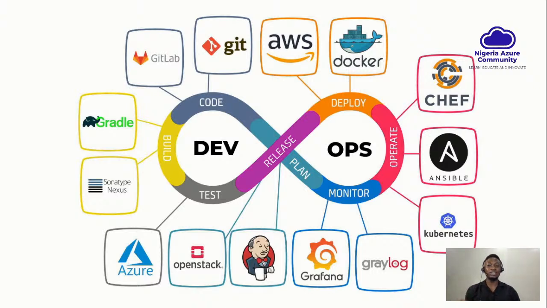We are continuously integrating each of these tools, as you can see on my screen, in real time. We're going to be configuring all of these tools and ensuring that they are all working together in real time and in an automated manner. We are all about automating the use of all these tools, from Git to Docker to each of the tools on my screen, which I'm going to cover as we proceed.